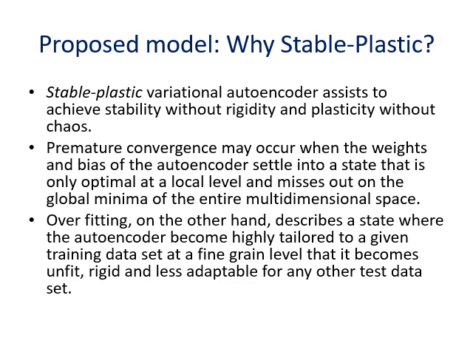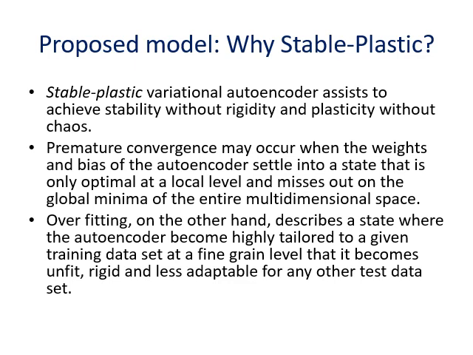As most of you who have dealt with machine learning algorithms may know, premature convergence may occur when the weights and bias of the autoencoder settle in a state that is only optimal at a local level, missing the global minima of the entire multidimensional space. At the same time, overfitting may occur, a state where the autoencoder becomes highly tailored to a training dataset at a fine-grain level, and becomes unfit, rigid, and less adaptable for any other test dataset. That's a problem, and we don't want that.